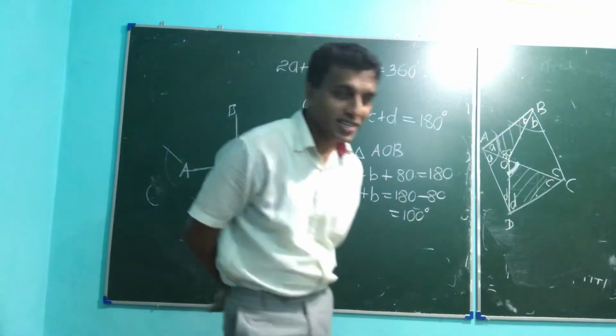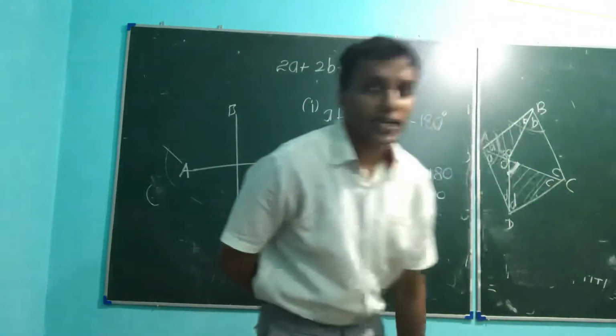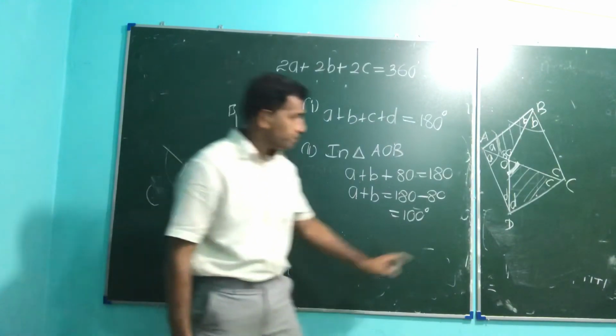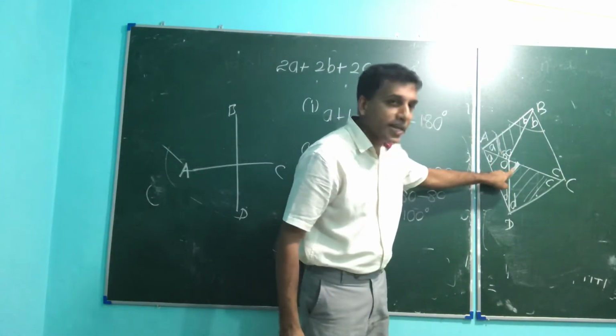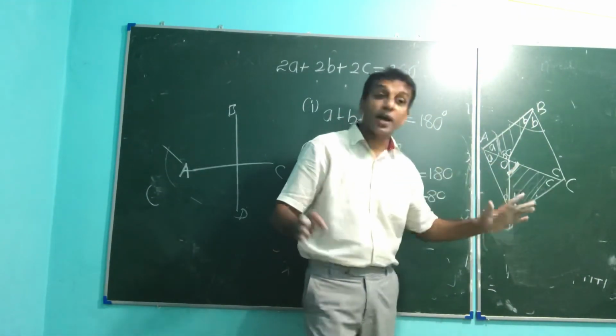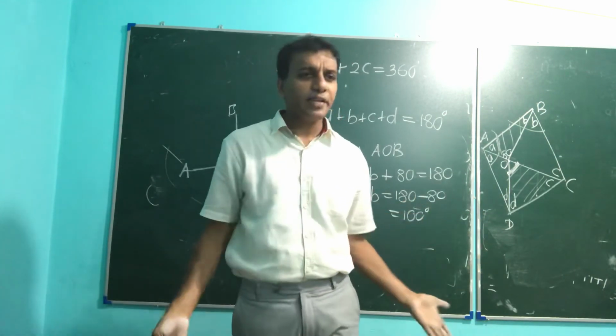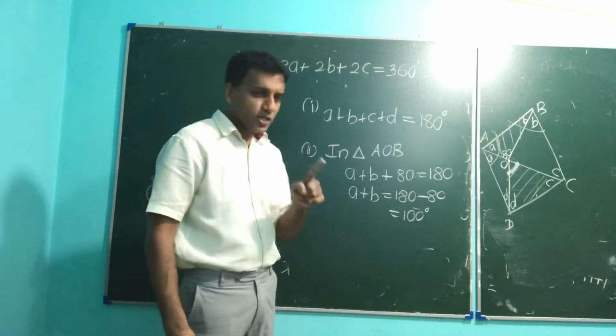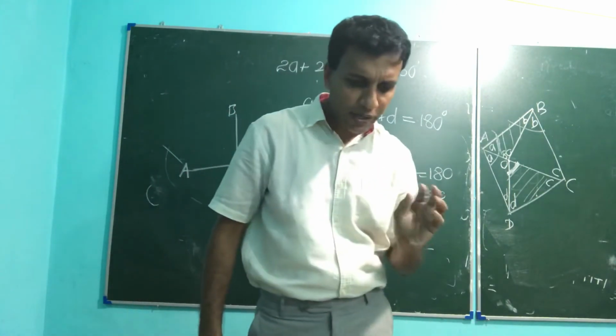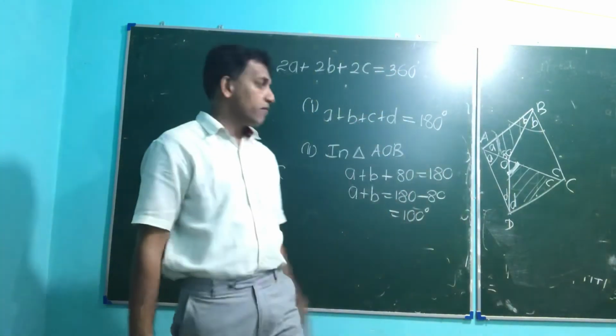See, someone says, yes, here 80, here 80. Then C plus D 100. Not only you, many say like that. But see, look carefully at the book, the figure. It's not a straight line. Very important.